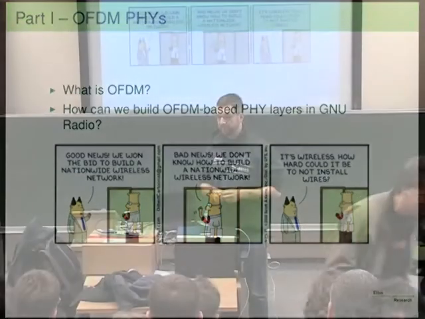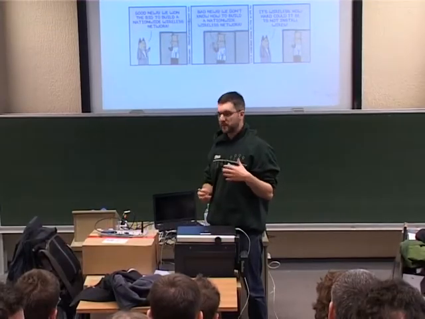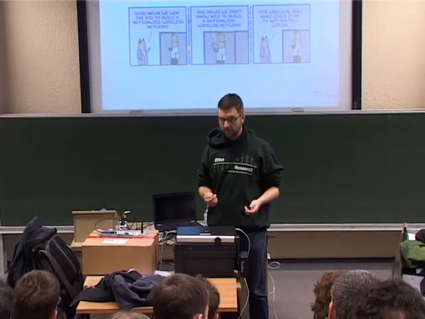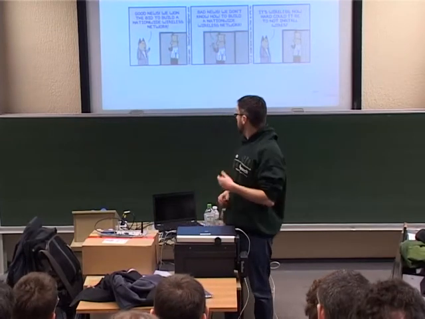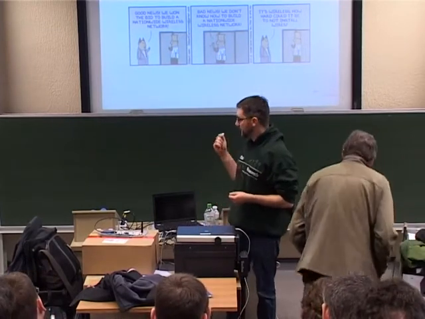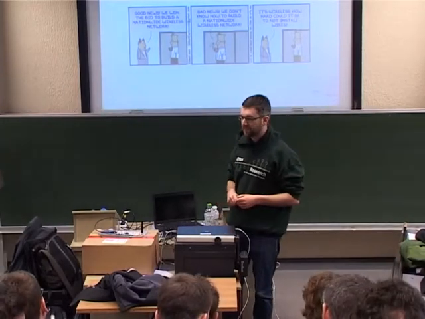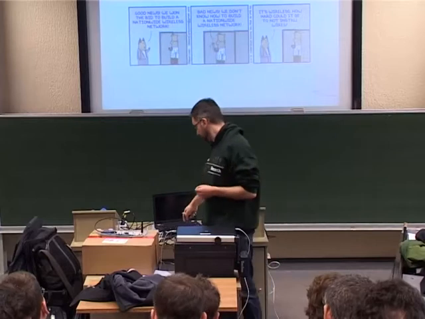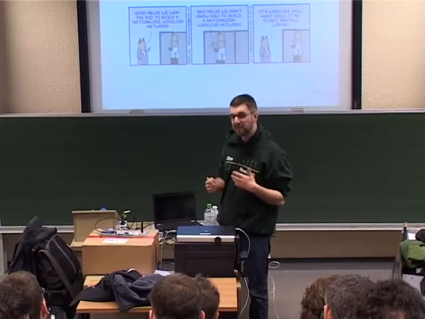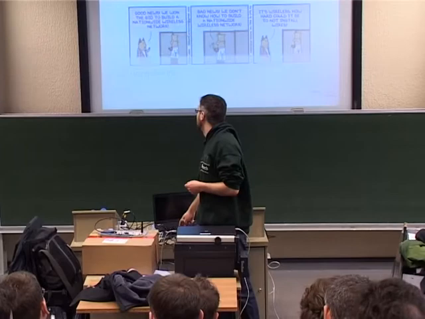I'd like to make this process as easy as possible for you, okay? This is one of our favorite comics at the lab. There are some issues, and I hope I can point out the most important ones today.